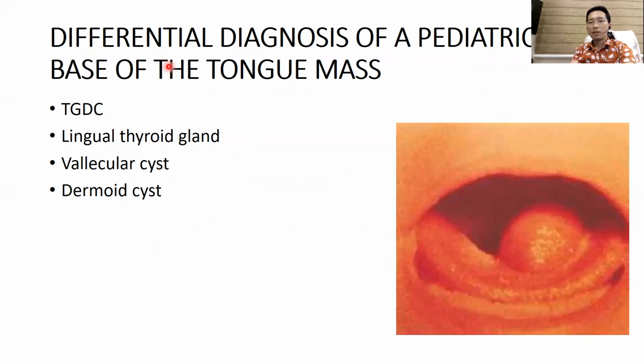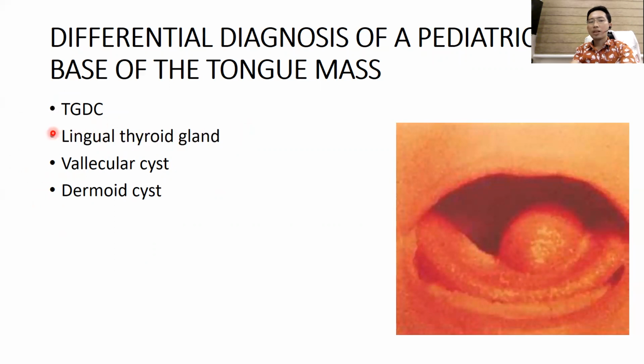Let's go to the differential diagnosis of pediatric base of the tongue masses. If you see a child with a tongue-based mass, remember the following differential diagnosis. Number one, of course, is the thyroglossal duct cyst. Next is the lingual thyroid gland.